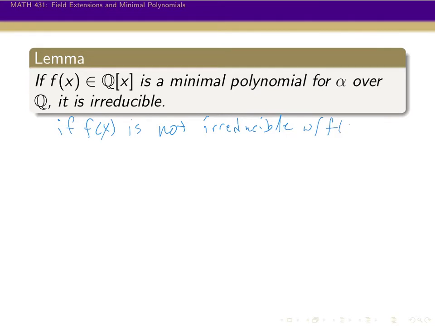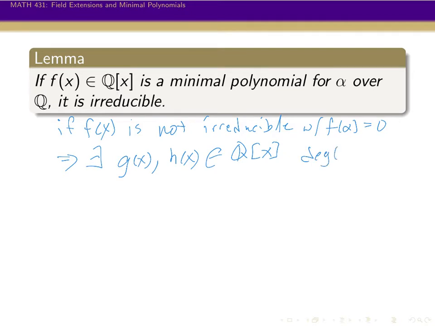with f of alpha equal to 0, well, that means that there exist g of x and h of x, polynomials over the rationals. And the degree of both of these has to be greater than or equal to 1. They can't be constants.